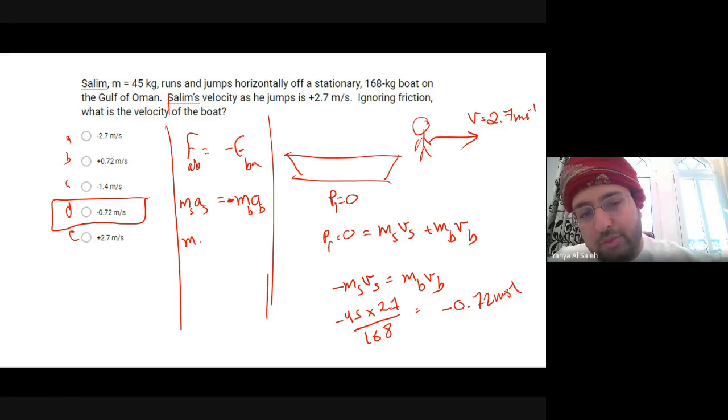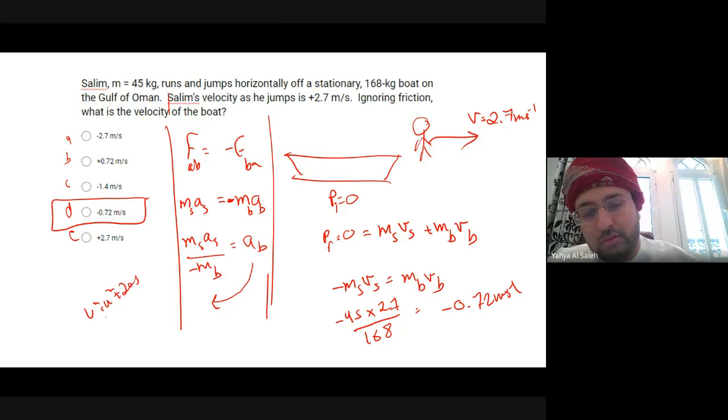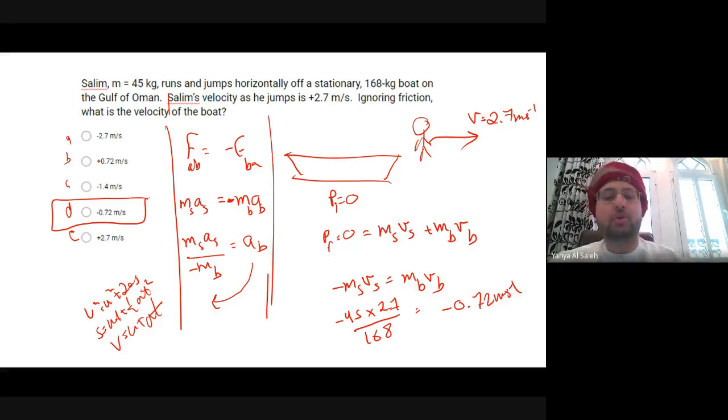And you will end up with the exact same thing. Then once you get what a_B is, you will need to use it in one of our equations of motion: v squared equals u squared plus 2as, or s equals ut plus half at squared, or v equals u plus at. You will need to use one of these to find what the final velocity is.